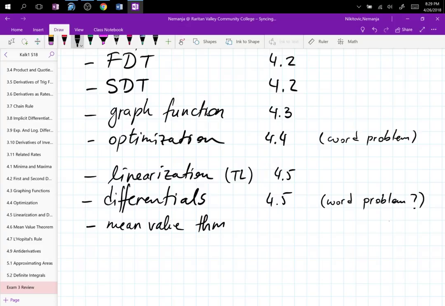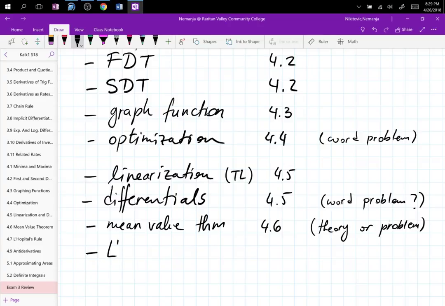So that's a 4.6, I believe. And it could be theory or problem, or both, part A, part B. So theory, the statement of it, including the formula. Clearly, if you don't know that, you can't do the problem either. So that's kind of a gift if it's there.